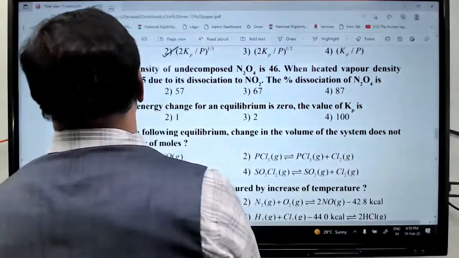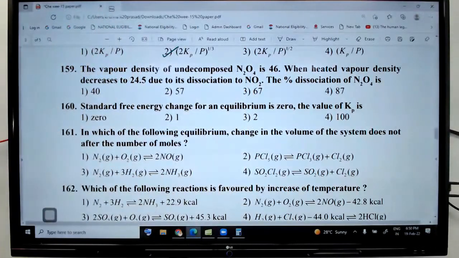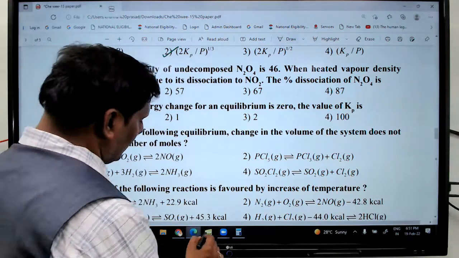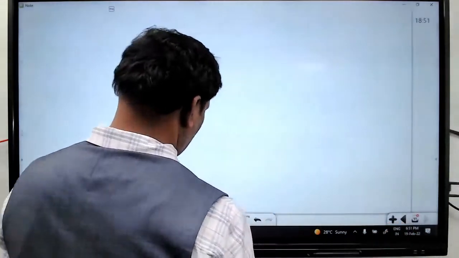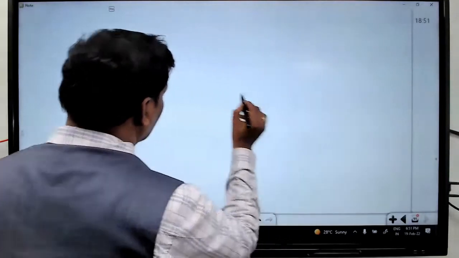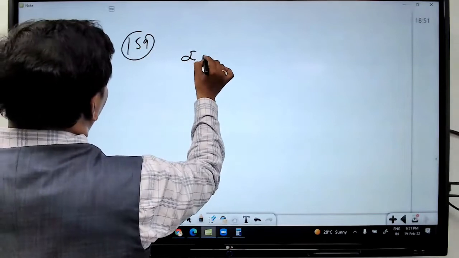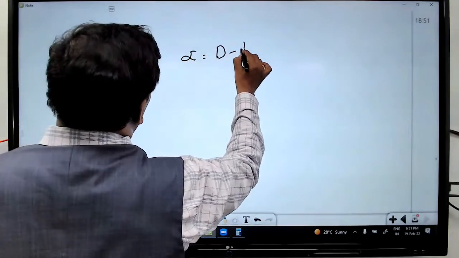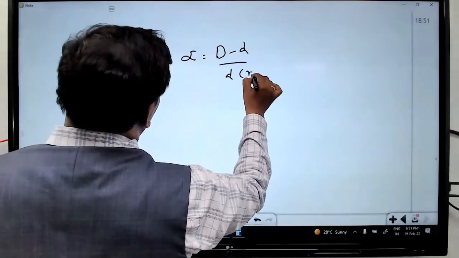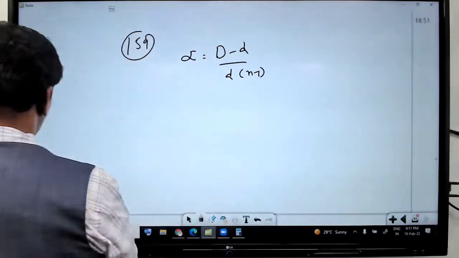Next is question number 159. Do you know the formula for question number 159? Formula: alpha is equal to capital D minus small d into n minus 1.